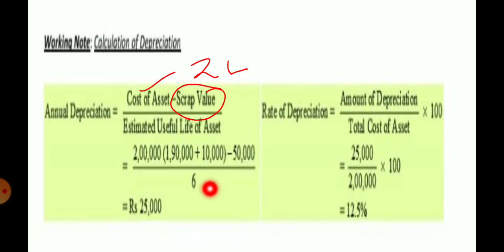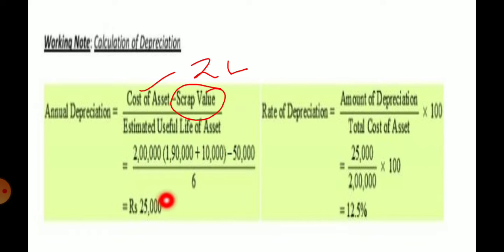So 2 lakh will be written as the cost of asset, scrap value 50,000 and the estimated life is 6 years. The estimated useful life of an asset is how many years you expect to use your machinery effectively in the future.